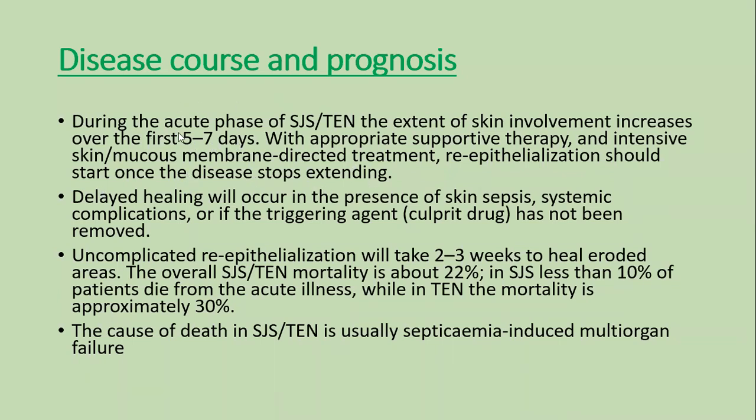So the first 5 to 7 days are most important in all cases of toxic epidermal necrolysis. Delayed healing will occur in the presence of skin sepsis and systemic complications, and if the triggering drug has not been removed. Uncomplicated re-epithelialization will take 2 to 3 weeks.